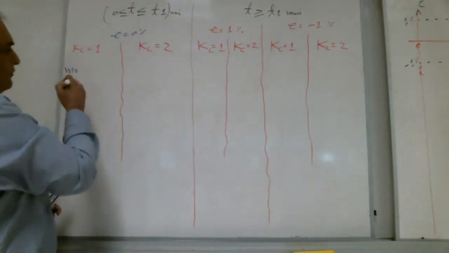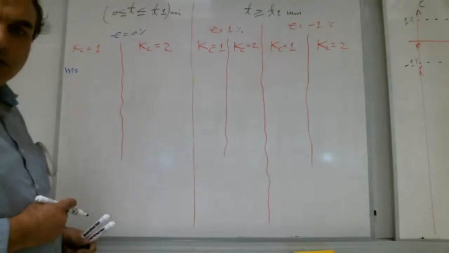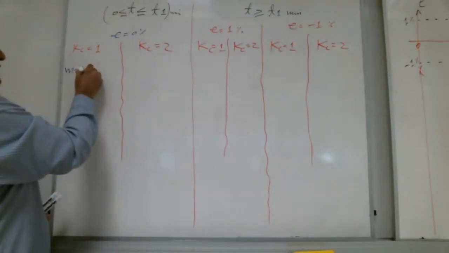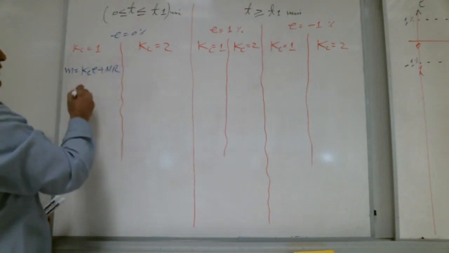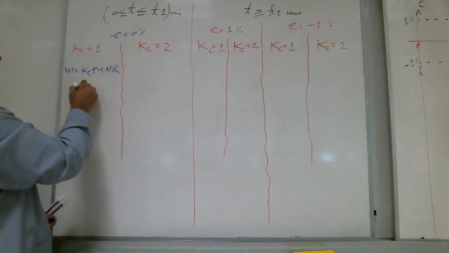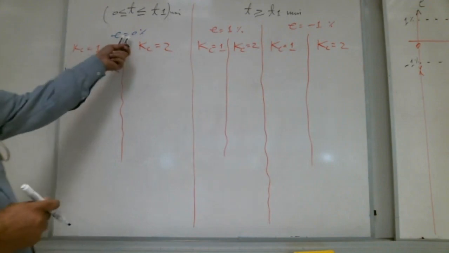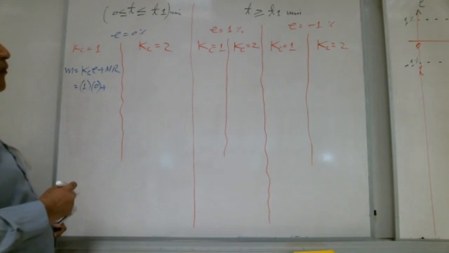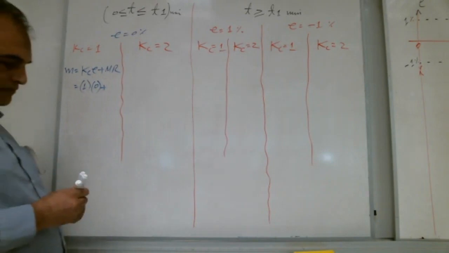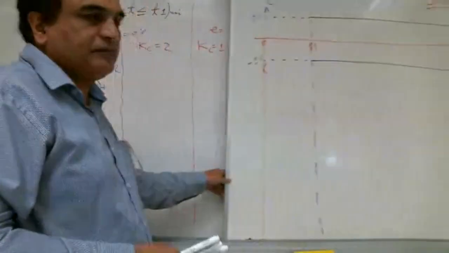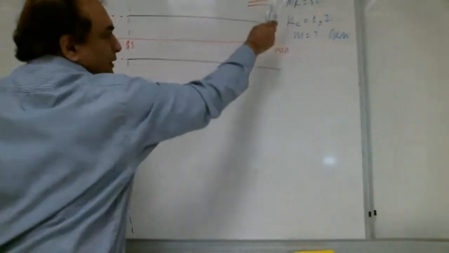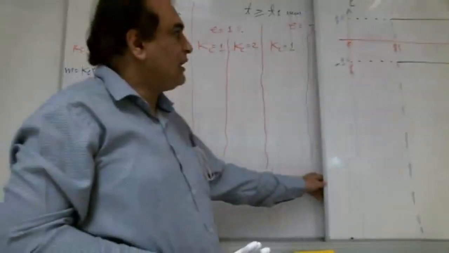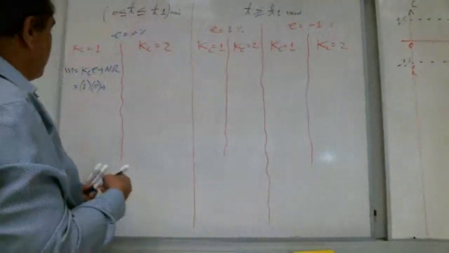So what is M equal to for proportional action? M is equal to KcE plus MR. Very good. So how much is Kc here? 1. What is the error? 0. What is MR? 50.